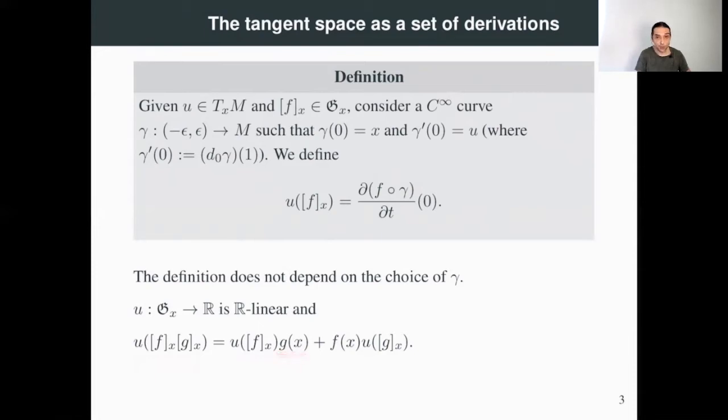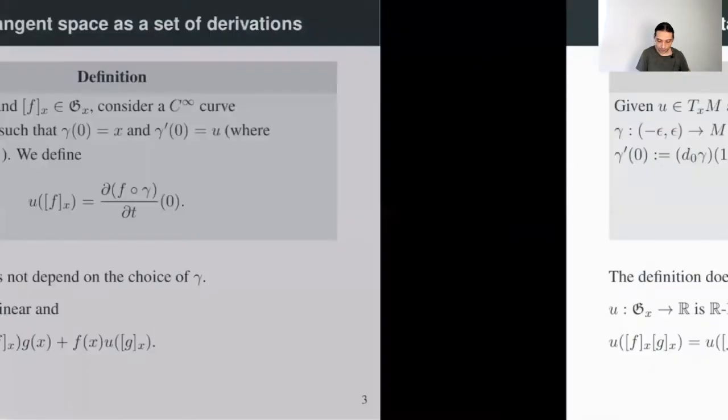It's the same, of course, for all the functions that define the same germ, plus the value of the first function at x times the value of u applied to the germ of g at the point x. So this is the Leibniz rule, okay?